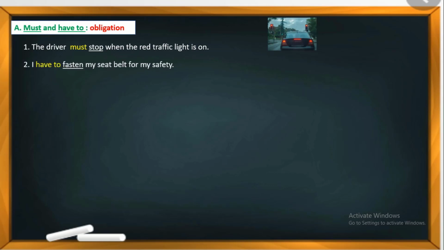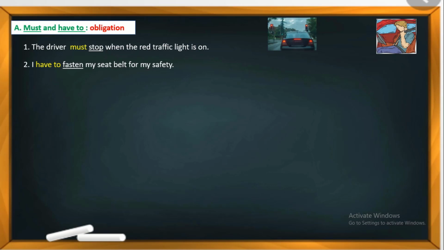The other example is, I have to fasten my seat belt for my safety. Look at the picture again. The man is fastening his seat belt for security, for safety. So he says, I have to fasten my seat belt.